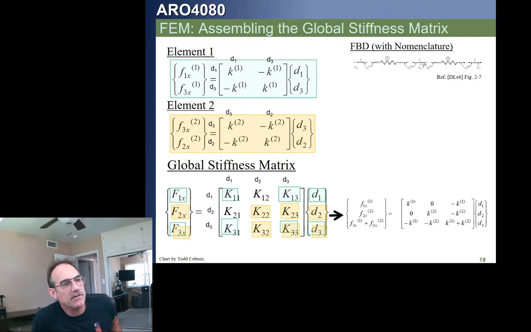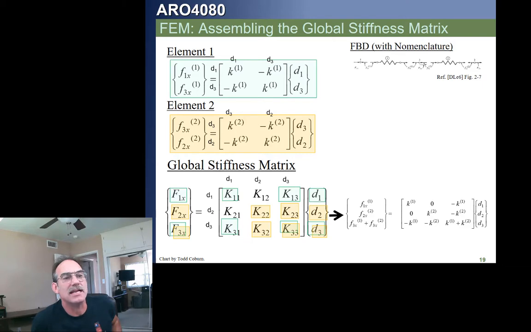We see the only one of these two stiffness matrices affecting the 1,1 term is this term right here. We see at node 2, at 1,2, there's nothing affecting it, right? If we look here, there's nothing tying 1 to node 2.